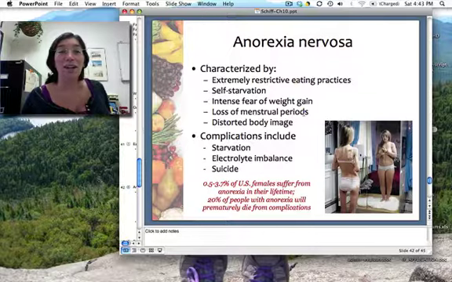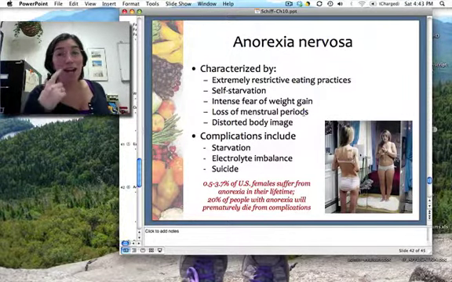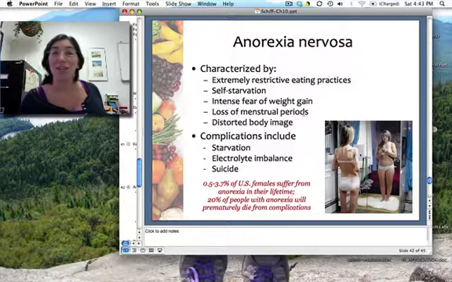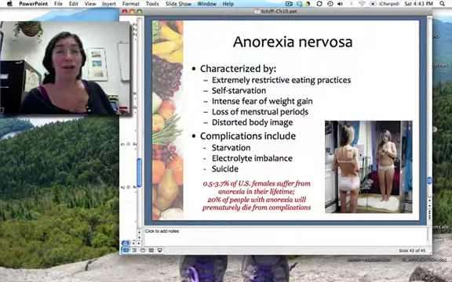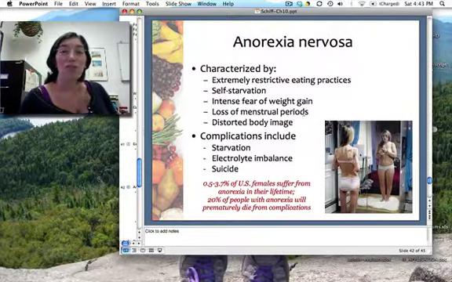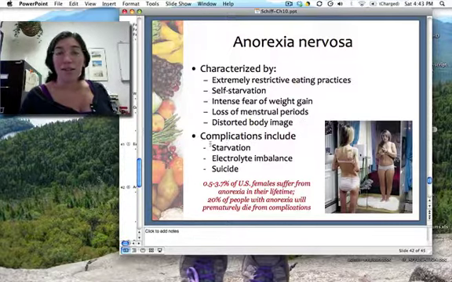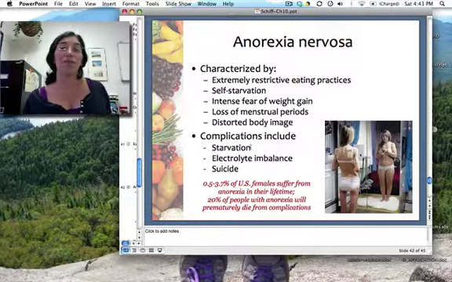If your body does not have enough energy to fuel itself, it's definitely not going to have enough energy to fuel the formation of a fetus. So your reproductive system, when your energy needs are low, shuts down. It's like a default.